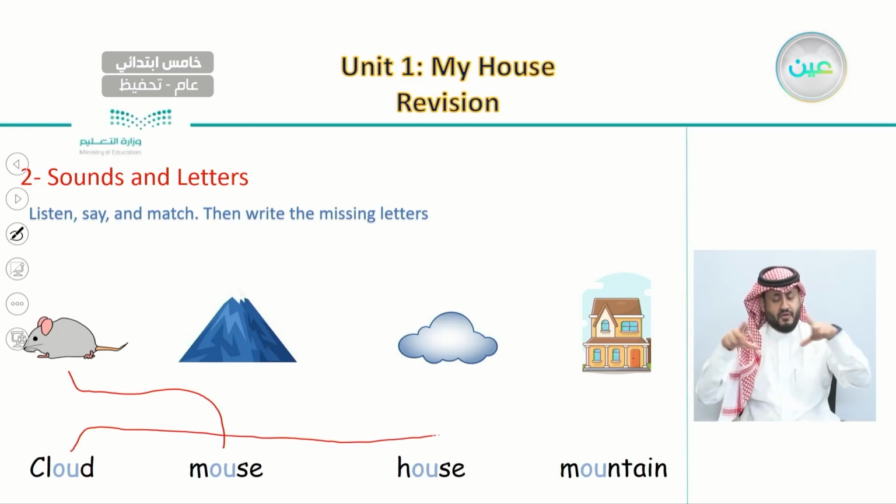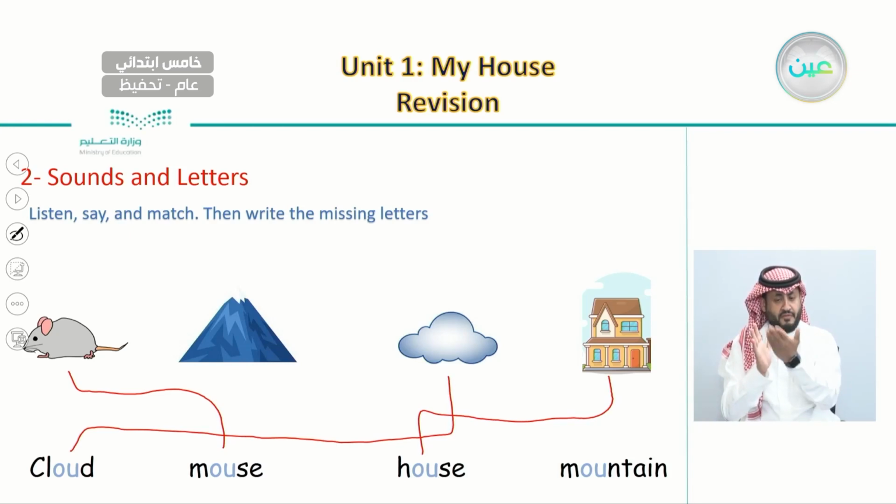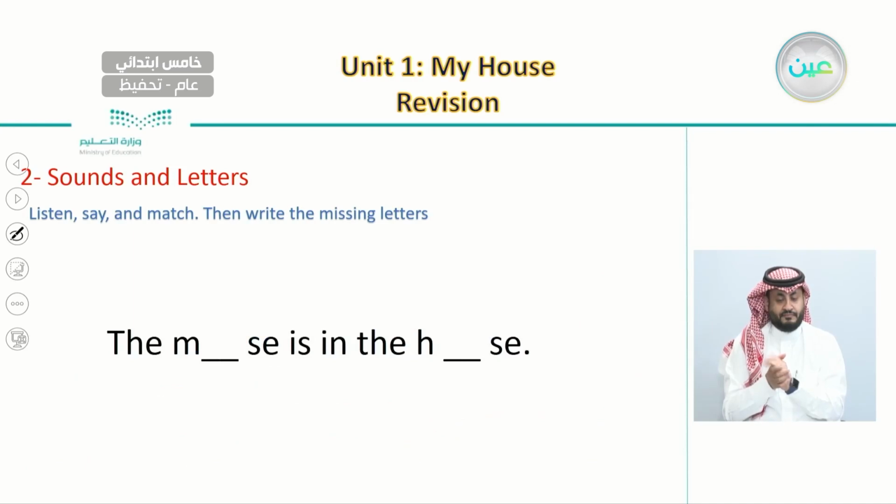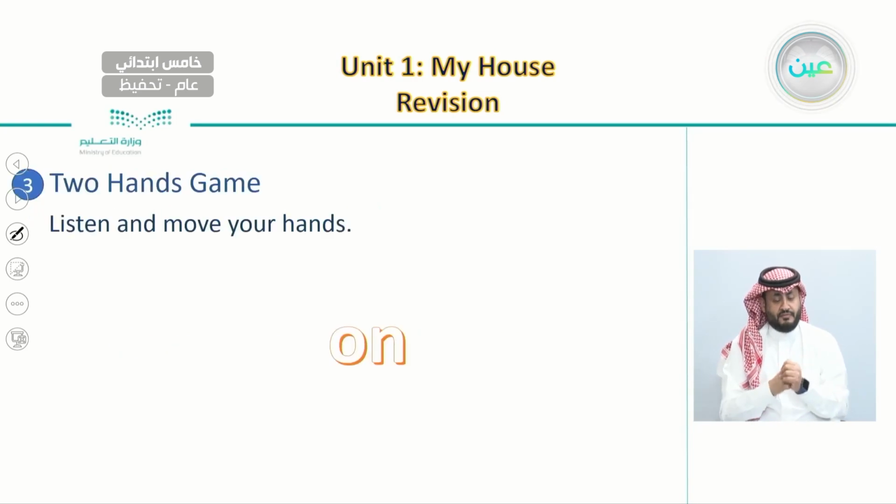We said cloud goes here, the word house goes here, and mountain goes to this picture. Then we wrote the missing letters, O and U, which we use in mouse and in house as well.